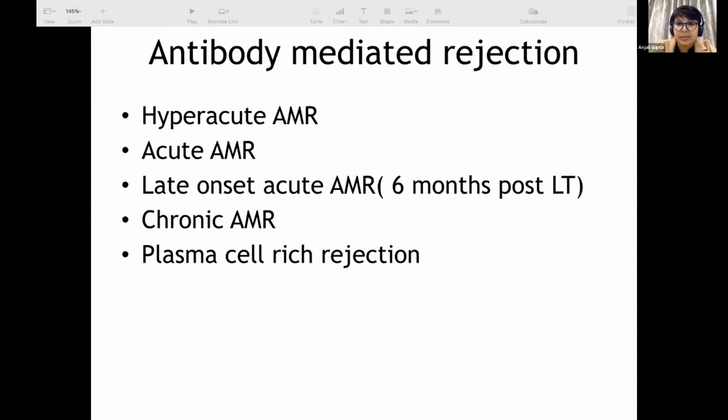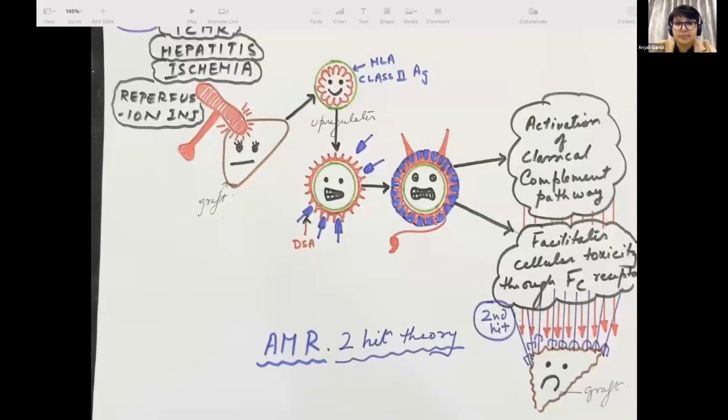The next slide. Well, this is the pathophysiology, which I have tried to put in a small diagram. It can be explained by a two-hit theory, actually. The first hit being T-cell mediated rejection, hepatitis, ischemia, reperfusion injury.